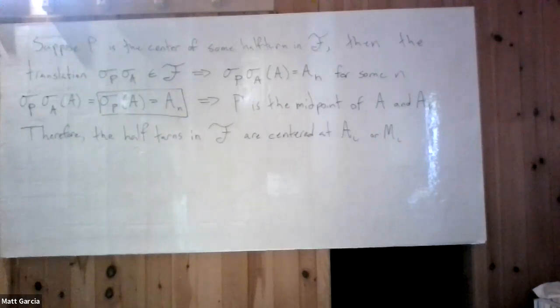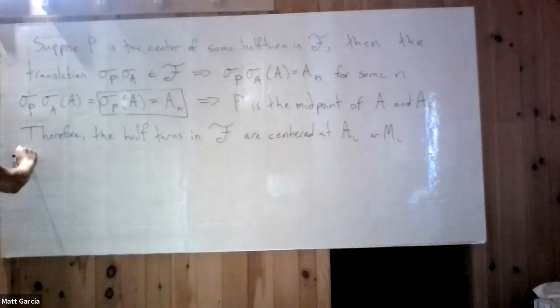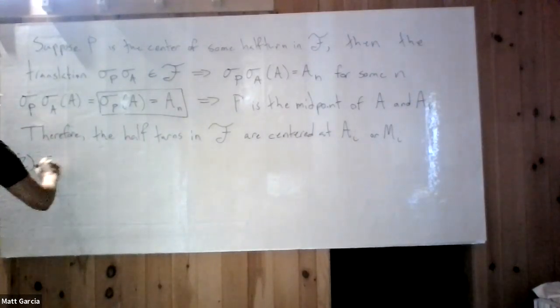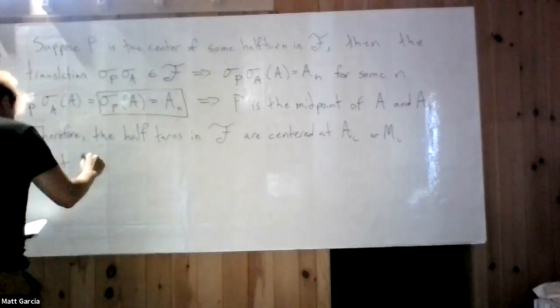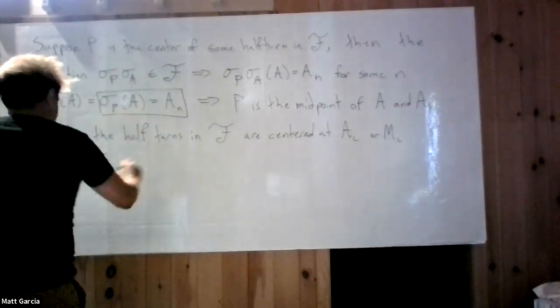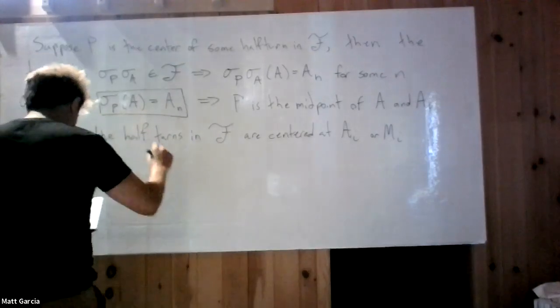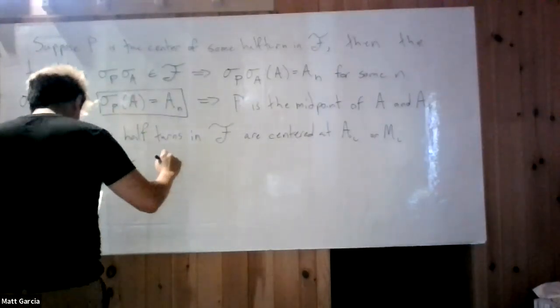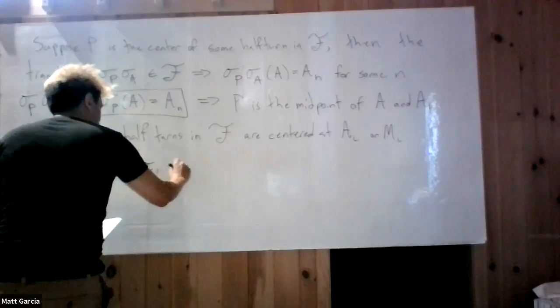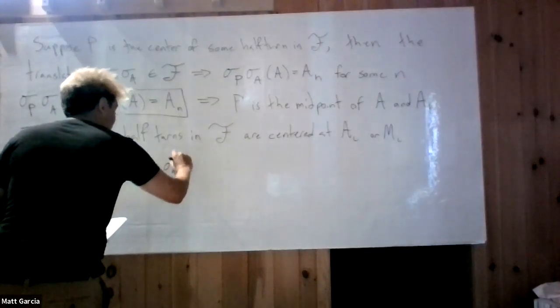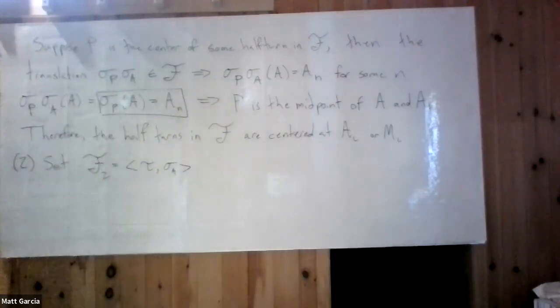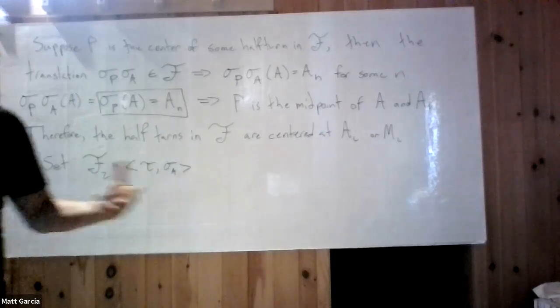All right. So now we can move on to possibility 2 for a Frieze group. Let's set F2 to be equal to the group generated by tau and the half turn centered at A. Not surprisingly, this is how this is going to work.